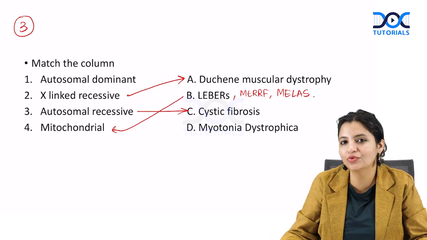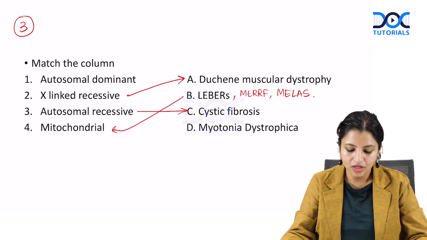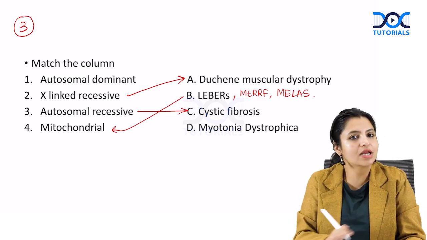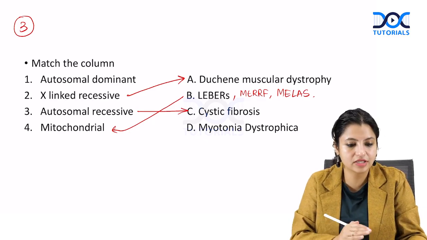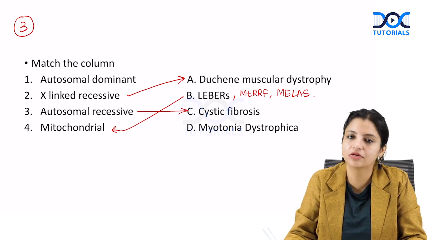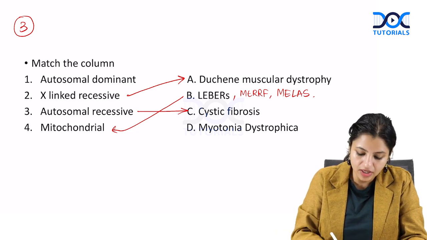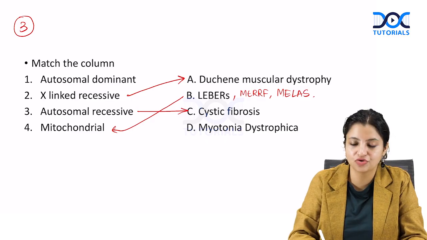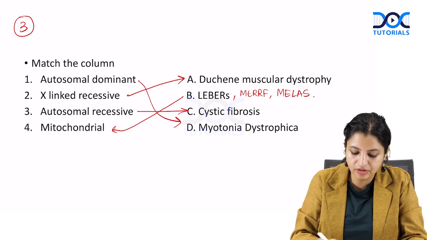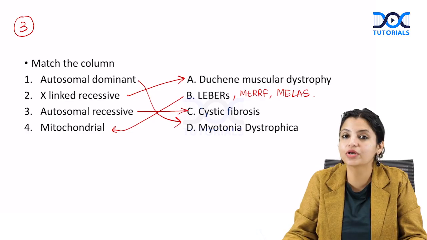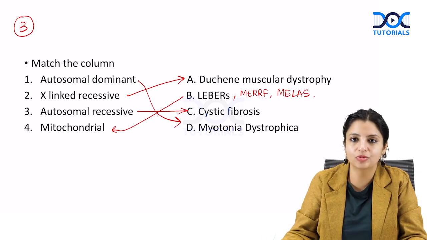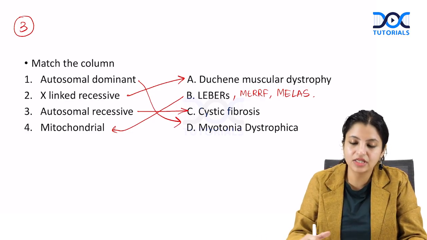But since there are only 2 or 3 of them, you don't forget them. So remember, cystic fibrosis is a classical inherited biochemical disorder, and it has to be autosomal recessive. Now you're left with myotonic dystrophy. Myotonic dystrophy, basically now we know it is a trinucleotide repeat inheritance and it is autosomal dominant also, right? So that's how we've matched it.